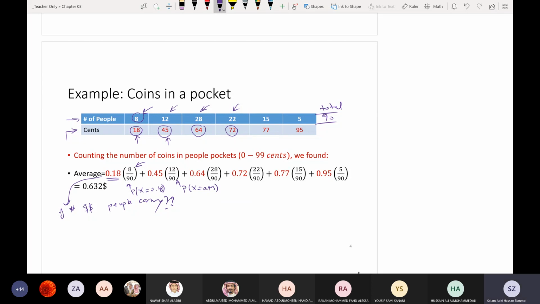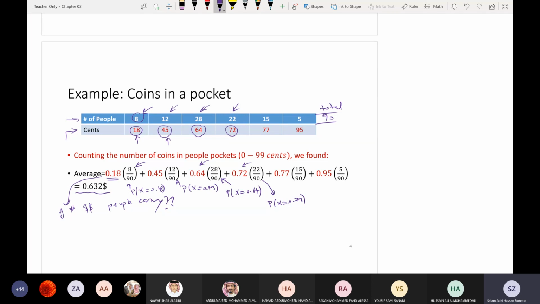After that, the next amount of dollars, 0.64, multiplied by the number of people carrying $0.64. And then $0.72, multiplied by the probability that x equals 0.72, which is the number of people carrying 72, 22, divided by the total, and so on.